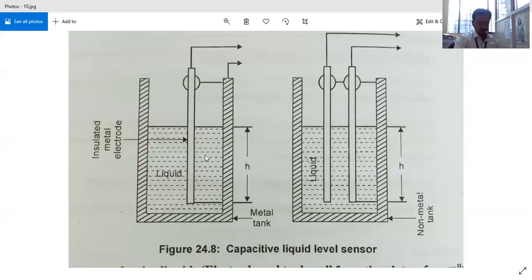For conductive type of liquids, the electrode and the liquid will form the plates of the parallel plate capacitor, and the insulation between them acts as the dielectric.